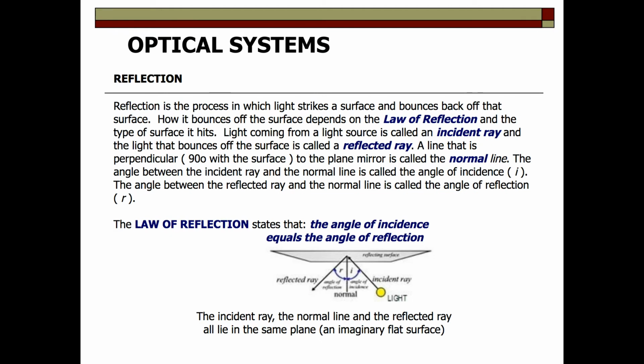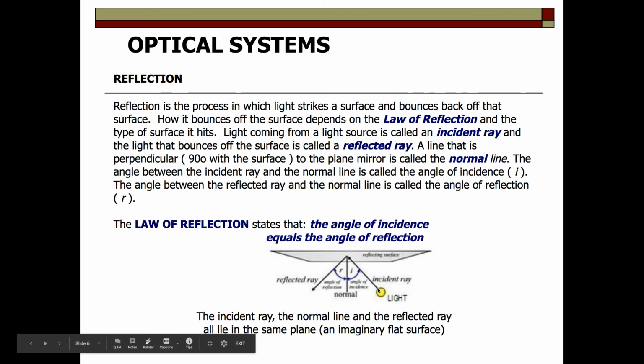Okay, we talk about reflection. We have a law of reflection and the type of surface it hits. How light bounces off of a surface depends on these two things. Light coming from a light source is an incident ray. So this is your light here.